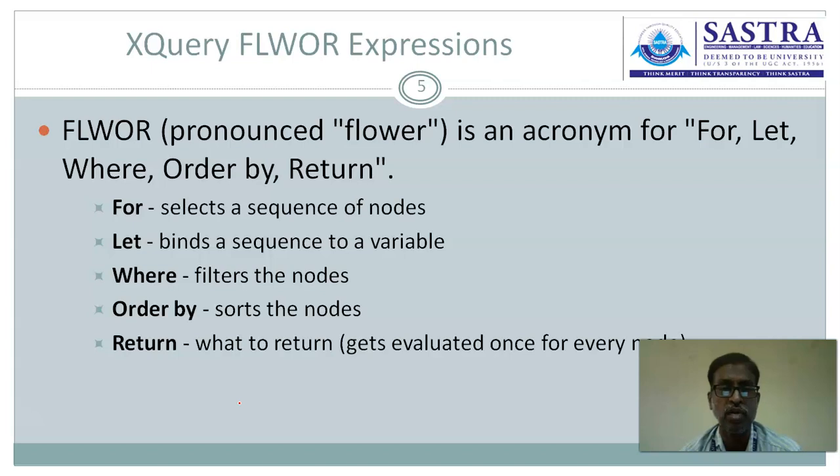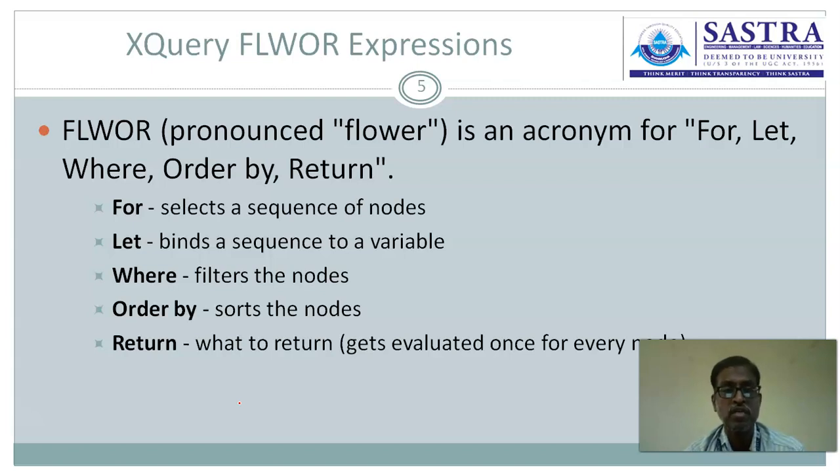With the for statement, you know that we can select a sequence of nodes from the collection of nodes. The let statement is used for binding purposes. It binds a sequence to a variable. The where condition is used to include a predicate, and the order by statement is used to sort the nodes.